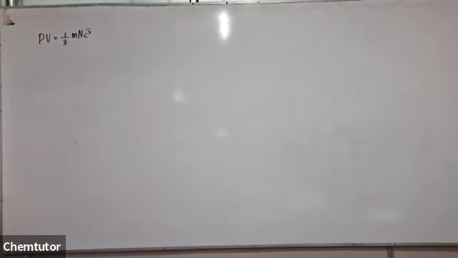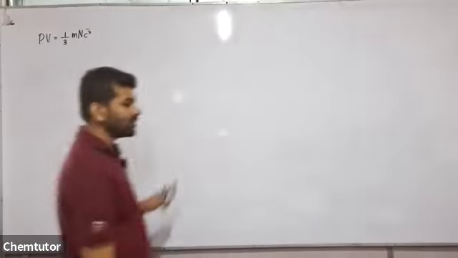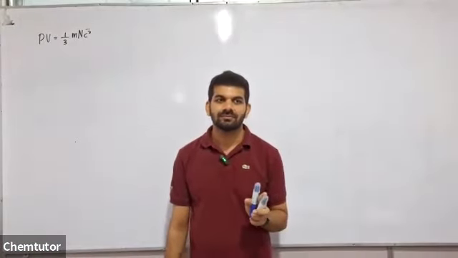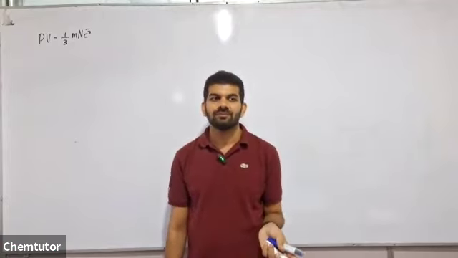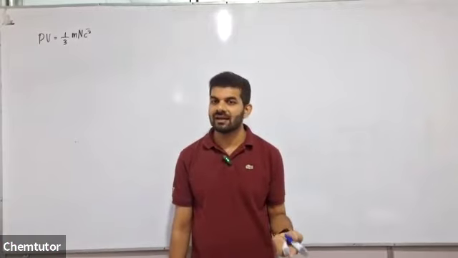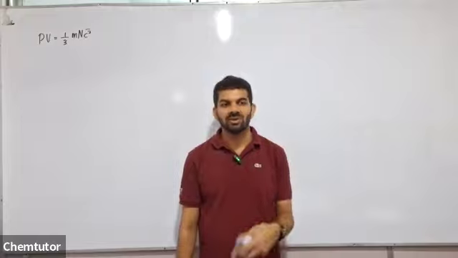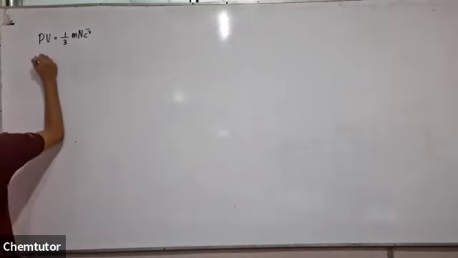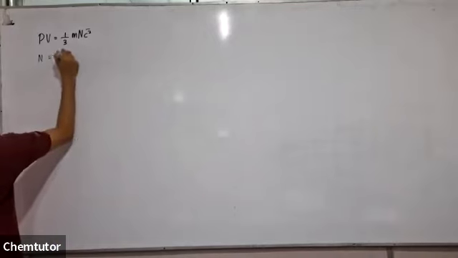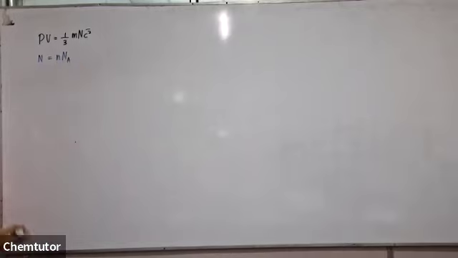Now we know that the number of molecules equals the number of moles times the Avogadro number, because one mole has Avogadro number of molecules. So in 2 moles we have 2 times the Avogadro number of molecules. So if there are n moles, it is the number of moles times Avogadro.